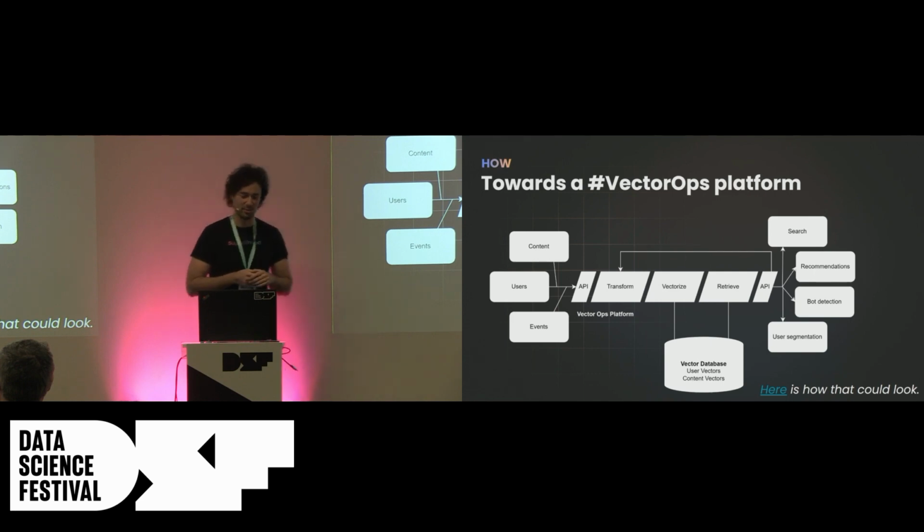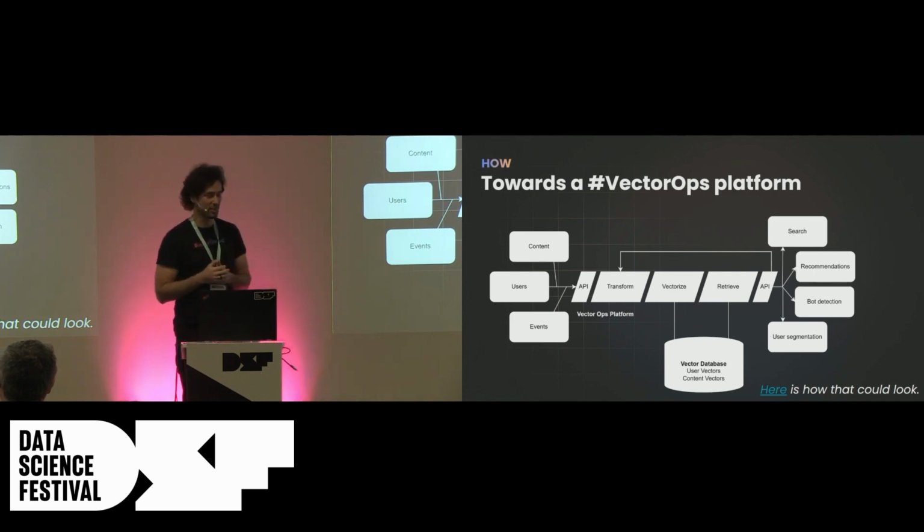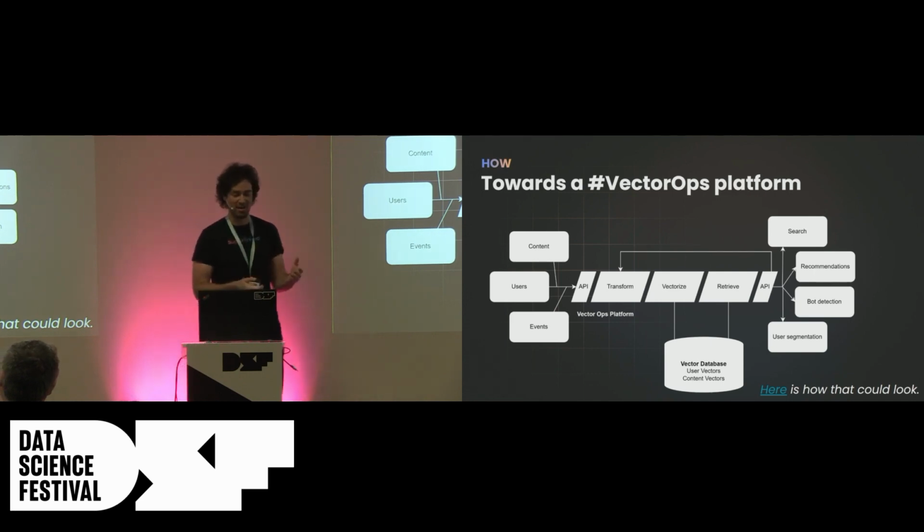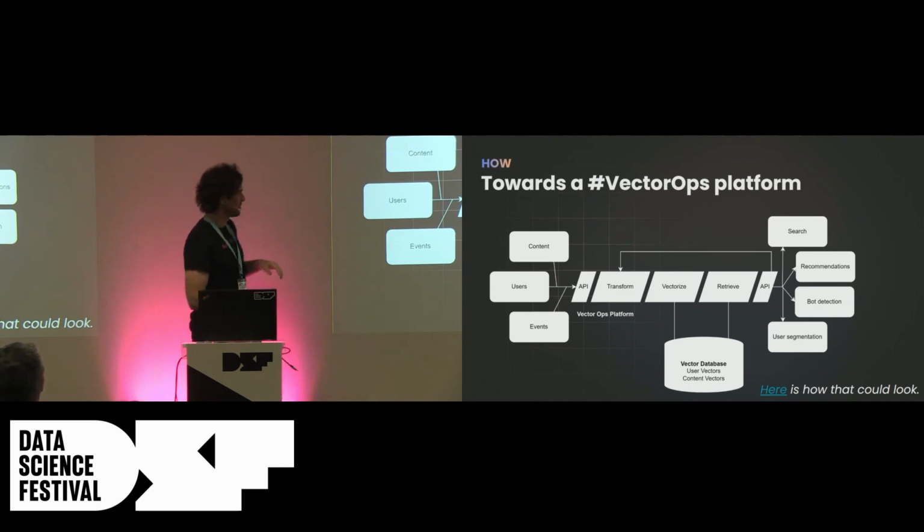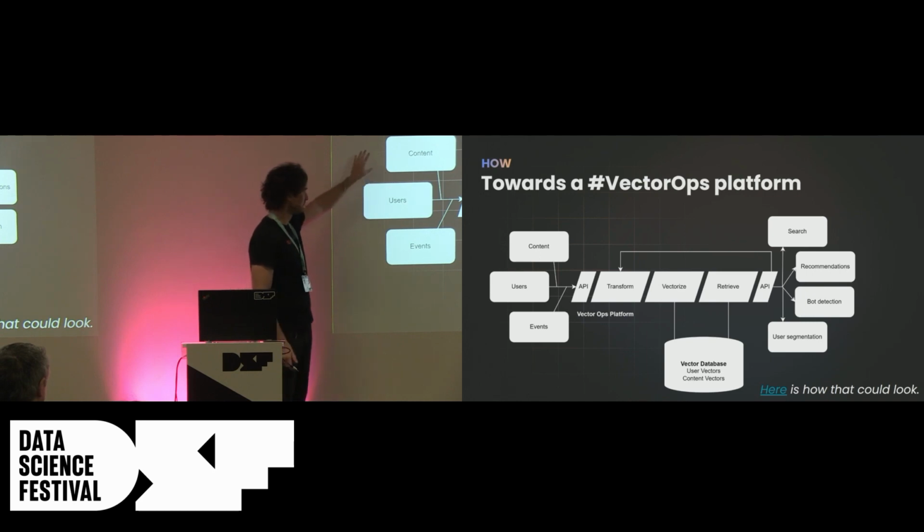And we have been at Superlinked playing with setting this up as an infrastructure product for a few different companies already, and this is the model that we think works. So basically you have all your inputs, right? Your content, your user, and your events data, right?